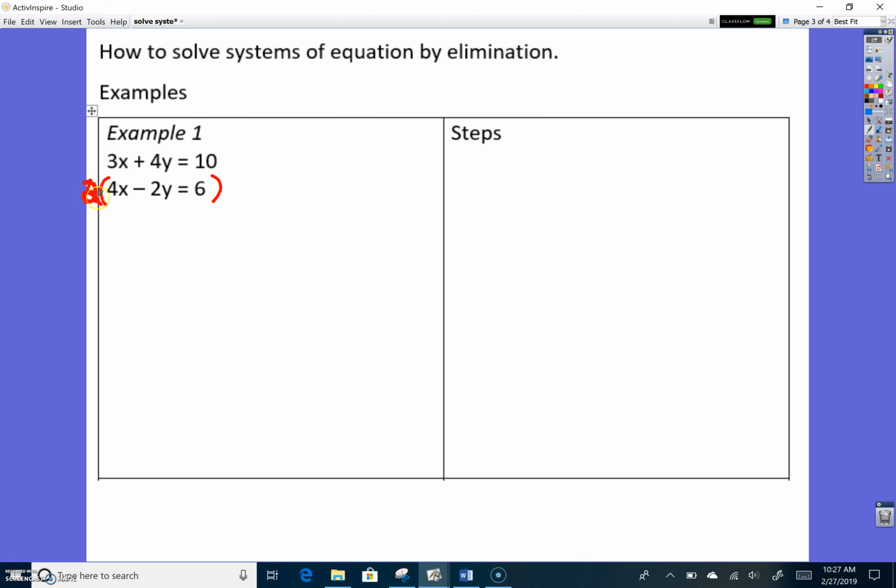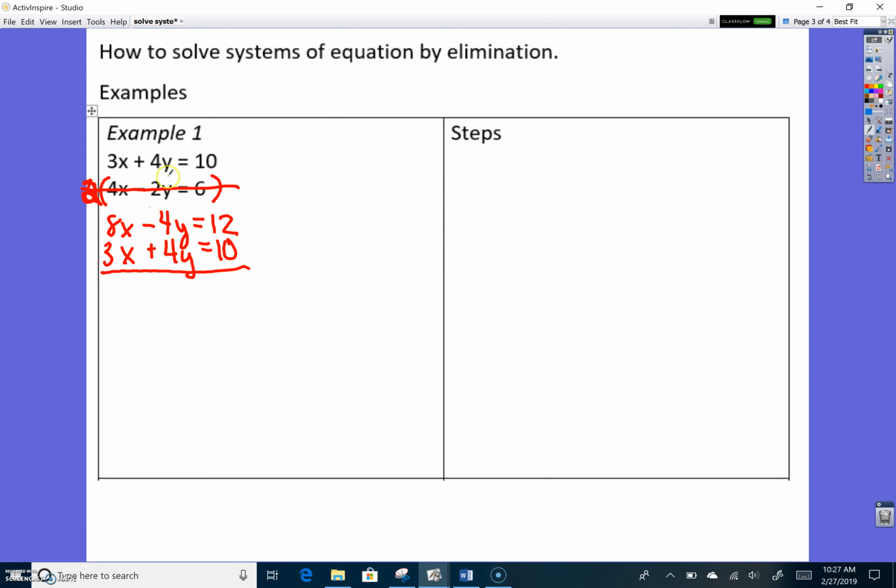So 2 times 4x is 8x minus 4y equals 2 times 2 is 4, negative 4. 2 times 6 is 12. Now if I put these 2 equations together, one is positive, one is negative.